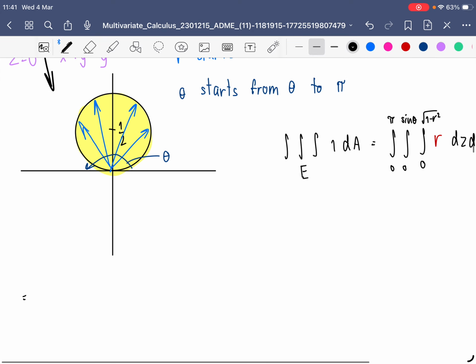The rest is integrating. So integrate r dz. It has no z, so you are integrating a constant. So this is r times z from 0 to square root of 1 minus r squared, dr dθ.